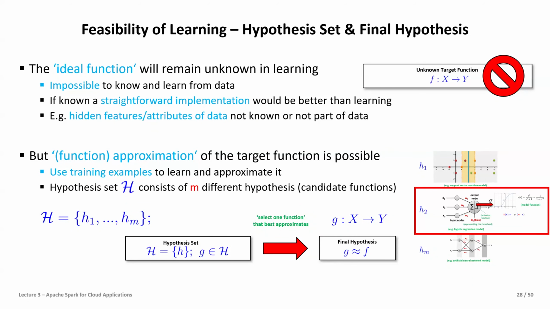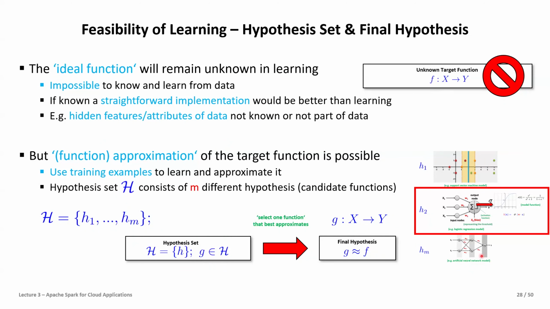However, what we want to achieve, from all of this learning with basically an infinite number M of different hypotheses, is to pick one, we say G, that reasonably approximates F, which was, you remember, our unknown target function that we will never learn, but at least approximate relatively well. So this is the next mathematical building block to think about: you have a huge degree of freedom to pick support vector machines, logistic regression, artificial neural networks.